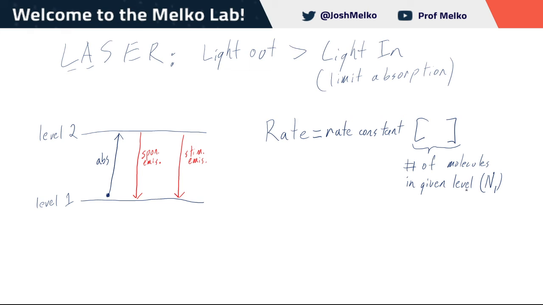Okay, so now we have some idea of what the concentration should be, and we can think about the rates for each of these processes. Okay, the rate for absorption is going to be the following. A rate constant for absorption, which we're going to call beta, and beta is going from level 1 to level 2.